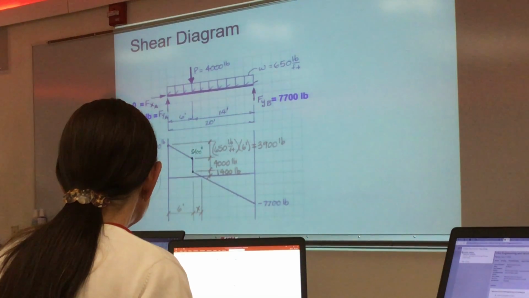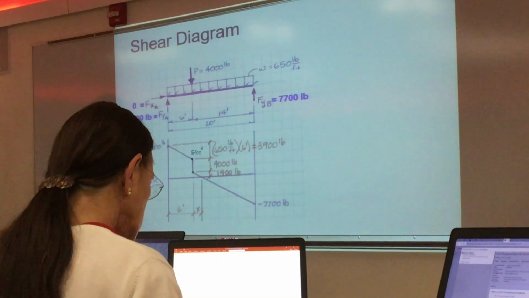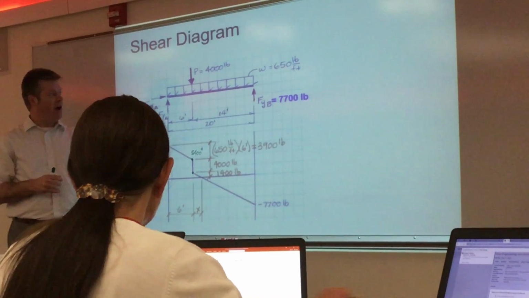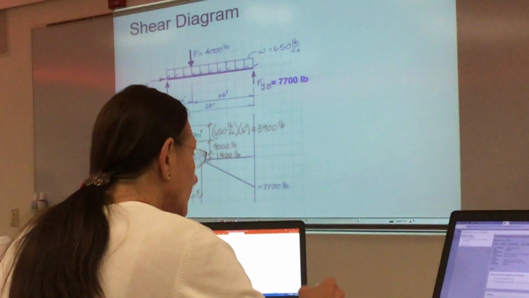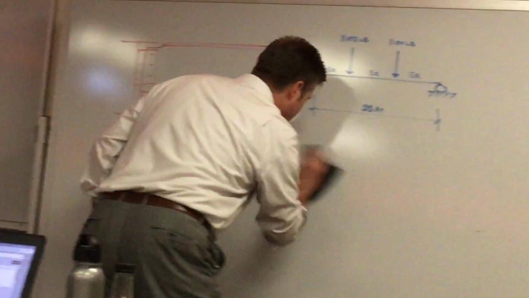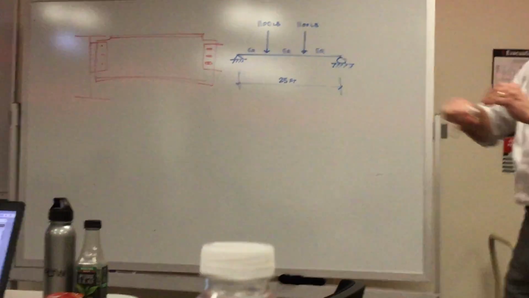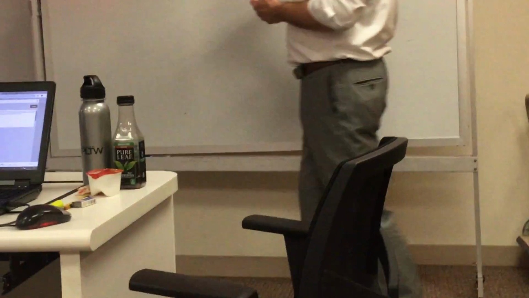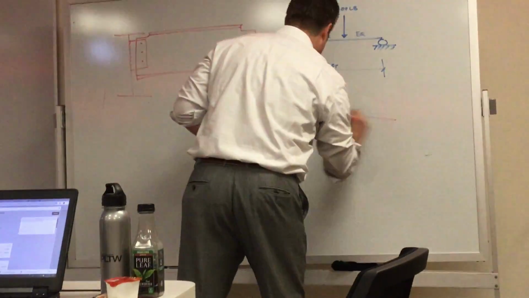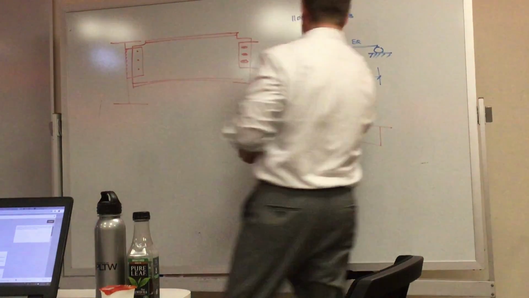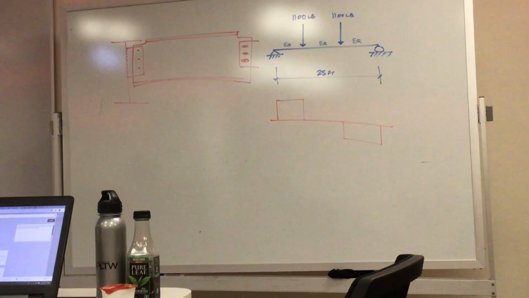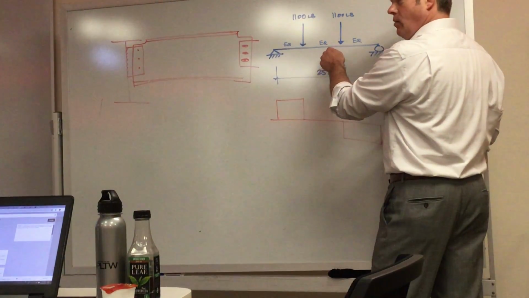So if you don't have a uniform load, does it just become a piecewise function then? Yeah, it just keeps going. So if I only had this, foreshadowing. My shear diagram for this qualitatively should look like this. Assuming the beam has no weight, weightless steel is awesome.